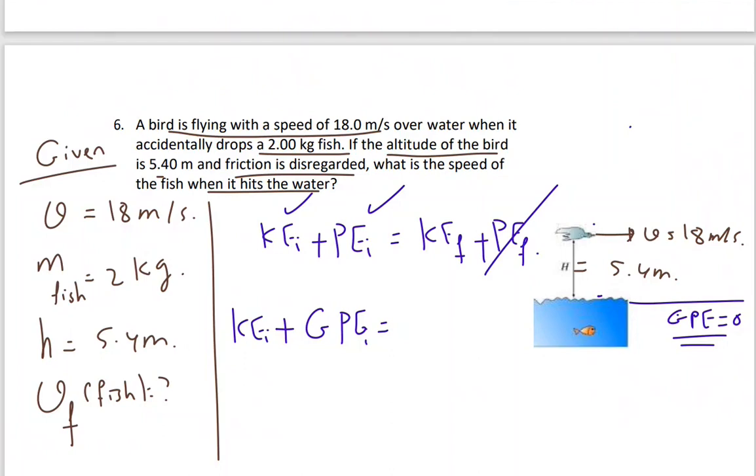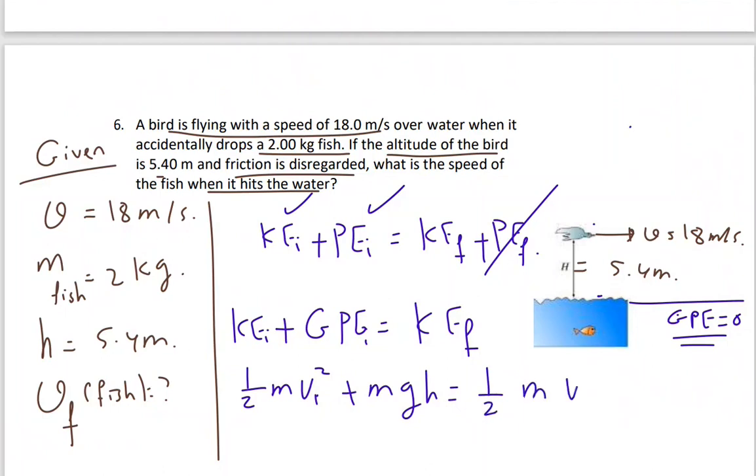So the kinetic energy final will be maximum at the surface, just before it hits the surface of water. Now, kinetic energy is half m v initial squared plus mgh equals half m v final squared.